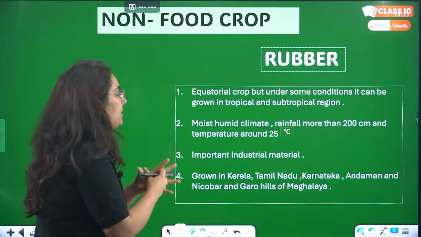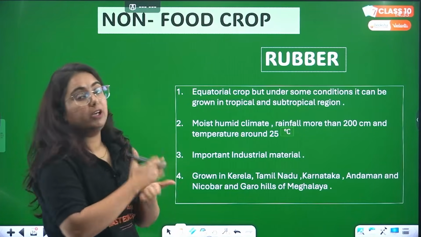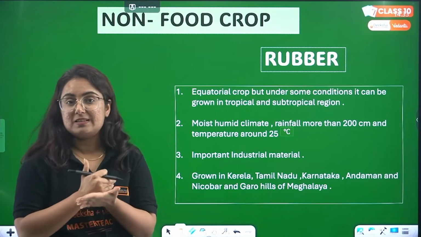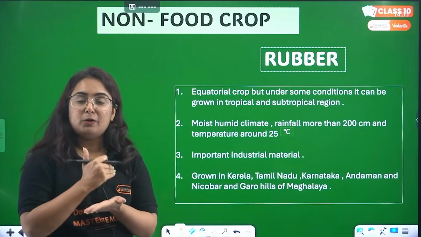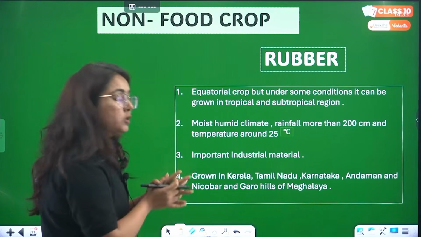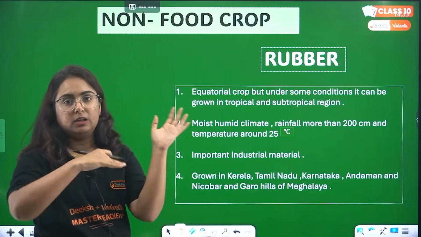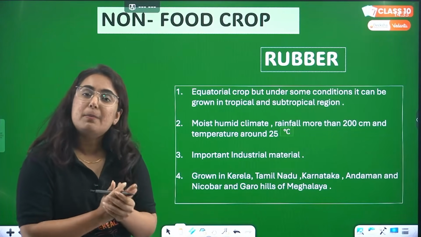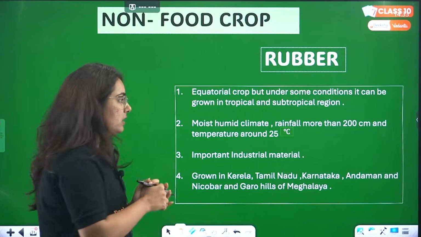Moist humid climate is required, rainfall even more than 200 centimeters. So beta, we know that the southern part of India is the first place which receives the rain shower, as well as the place which receives the maximum rainfall too, right?